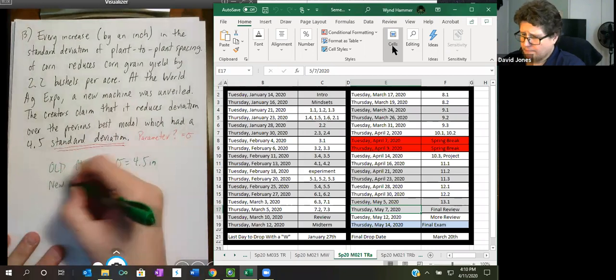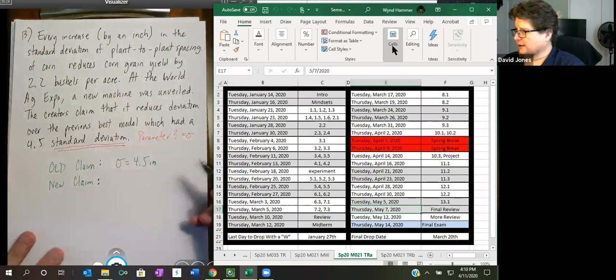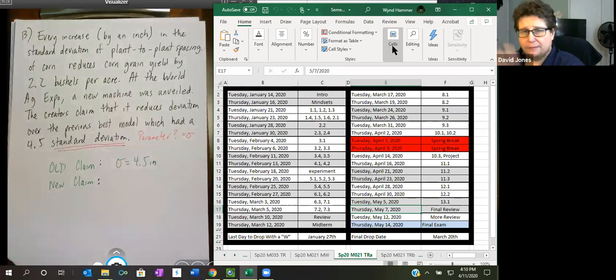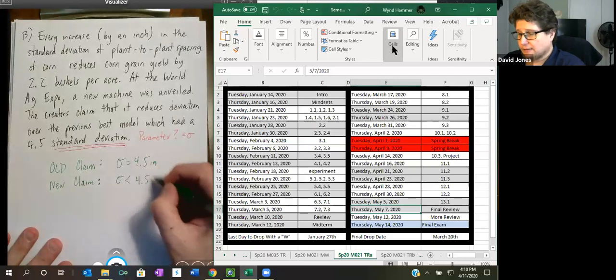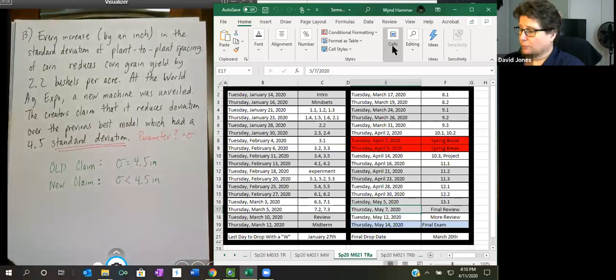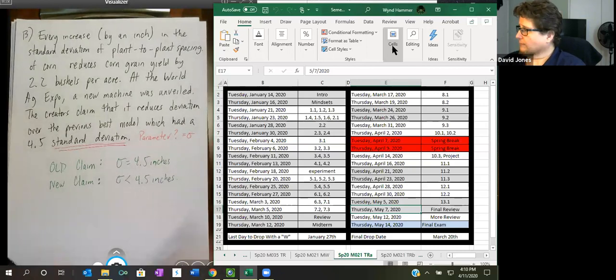The new claim, the manufacturer, the producer, the creator, claims it has reduced it. What does reduce mean mathematically? It means it's less than it. The standard deviation is less than 4.5 inches. Any questions?